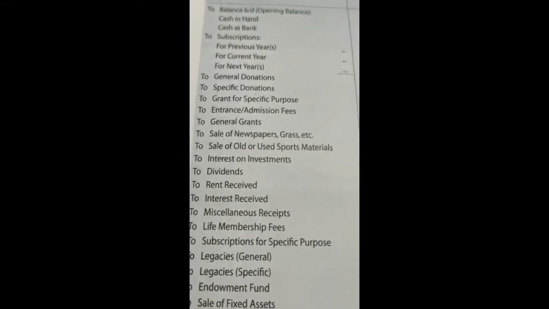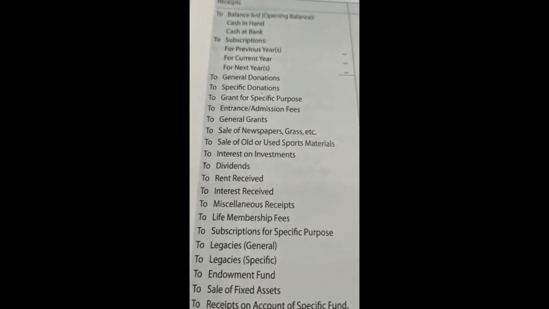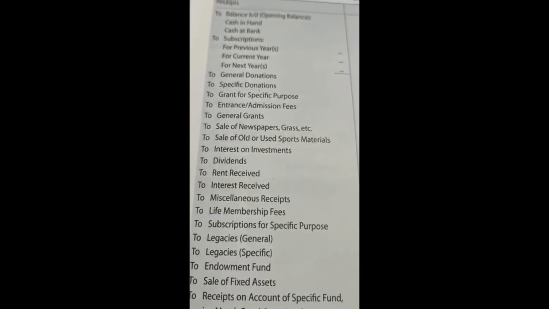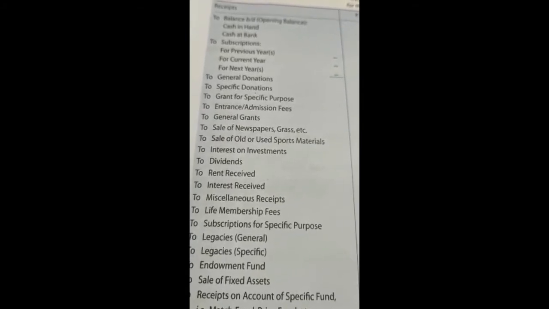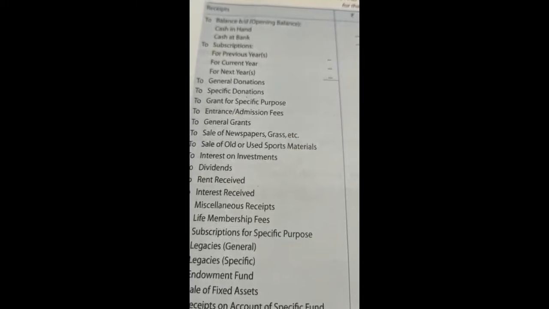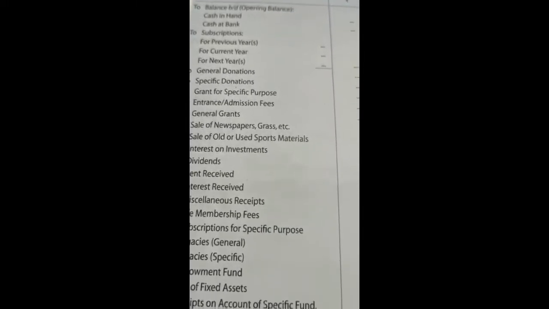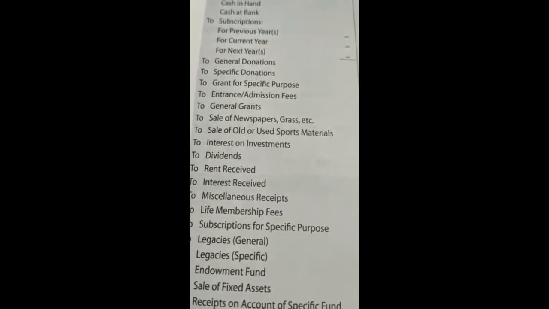Both the grants are receipts, but they will be dealt with separately when we prepare the income and expenditure account. But here in the receipt and payment account, both are our receipts, so that will be recorded here in the receipt side.